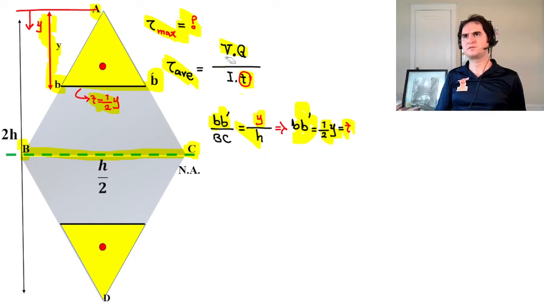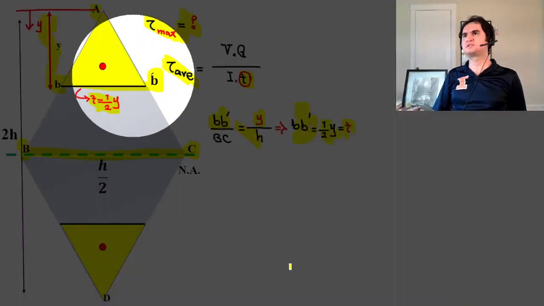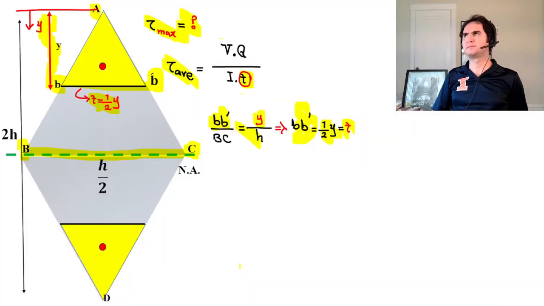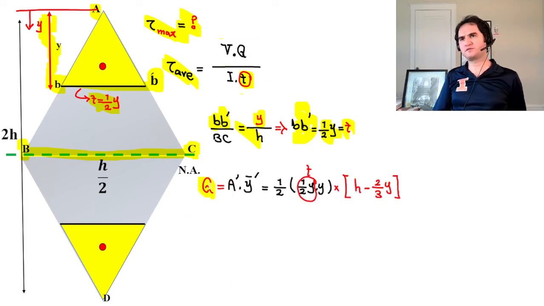So that gives us the thickness of our element, which is our small triangular element for calculation of Q, which is A prime times y bar prime. If you develop the equation of Q, the first moment of area for our element, that's A prime times y bar prime.